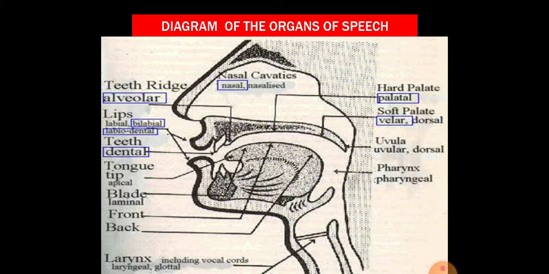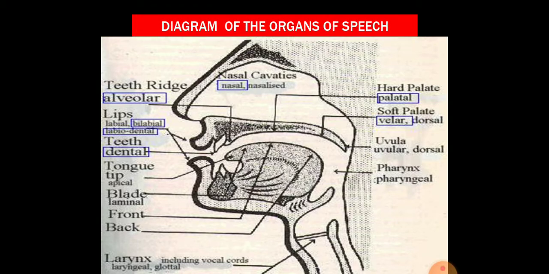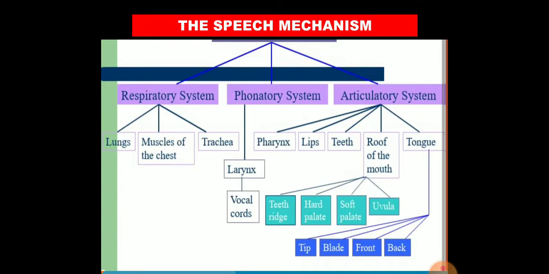So here you can see the names and locations of all the parts of the organs with the help of the arrows shown for your further studies. Hope you understand this diagram. So see the next part of this lecture.